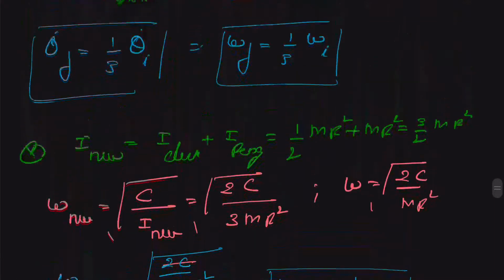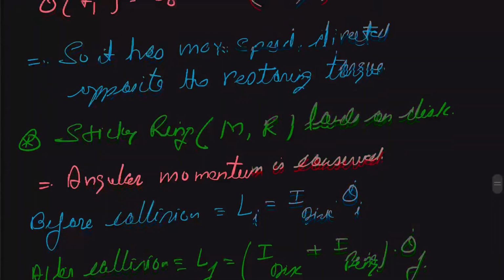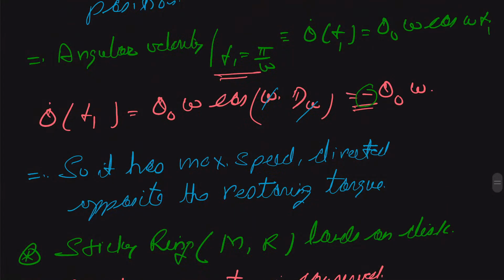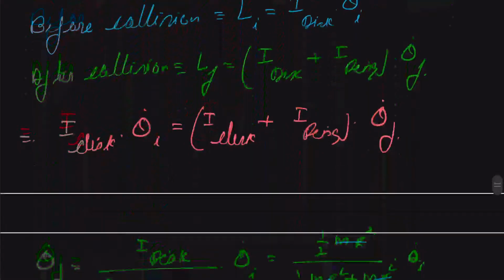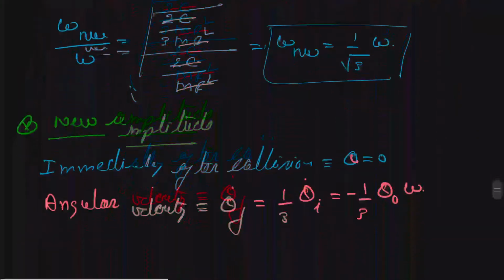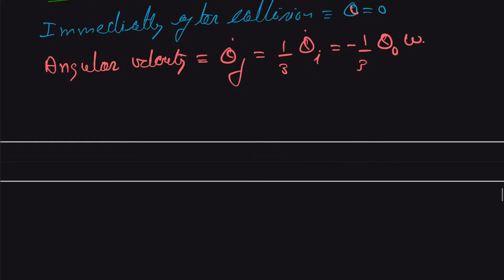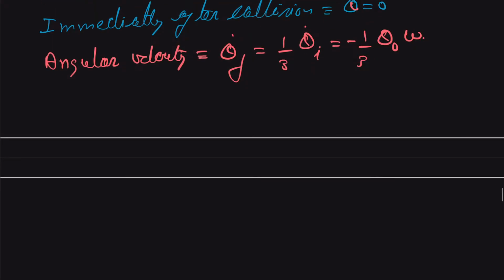Okay. And I think we have already sorted it out. Yes, we already know this is the angular velocity, theta naught omega with a minus sign. Now let's write the equation for SHM after collision.